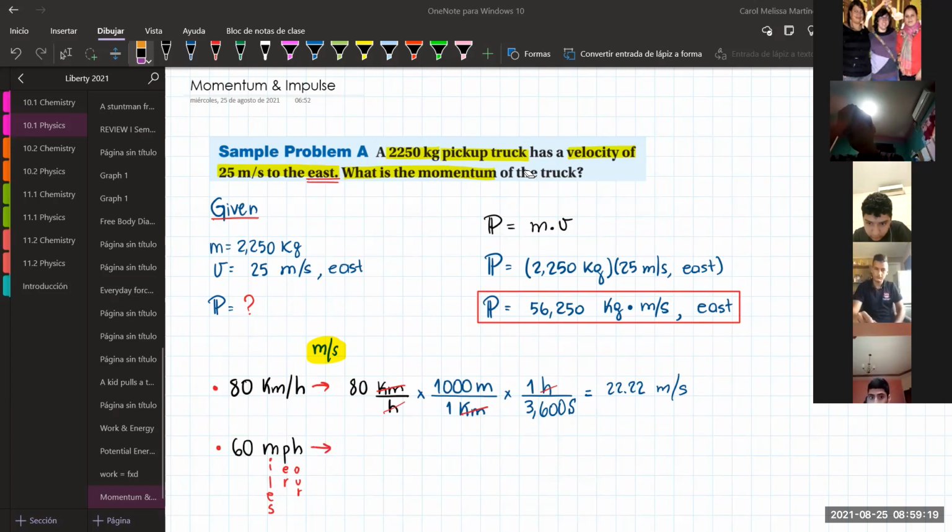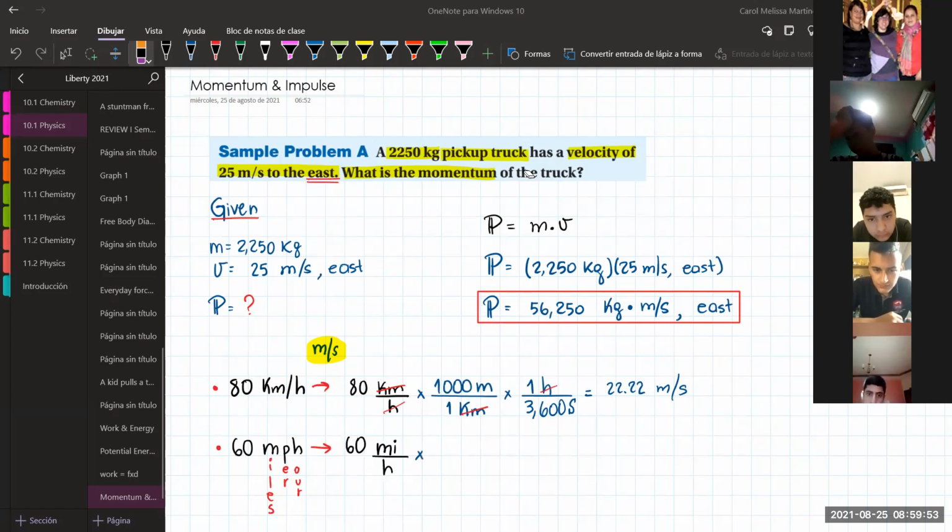Miles per hour. How do we write miles per hour in a fraction way? You have your number, which is 60, and miles per hour, that is miles in the top, per, which is the division, and hour, which is just h. So 60 mph is 60 miles over hour. And now you should be able to perform that conversion.